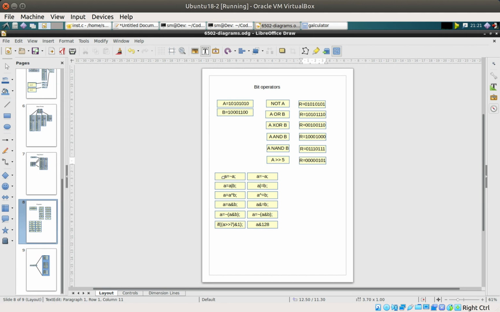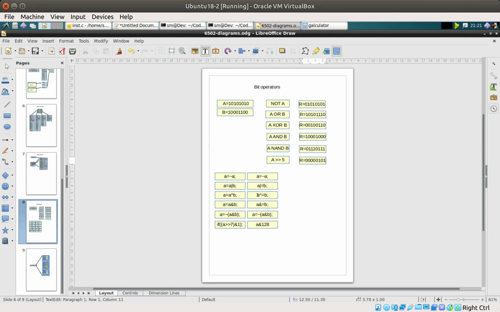So in C, you represent the not like this: A equals not A, which is pretty straightforward. Flip the bits. This is an OR, so A equals A or B, but this is the shorthand way of writing it. It's the most common way you'll see it, which is just a way of saying OR A with B. This is the exclusive OR.